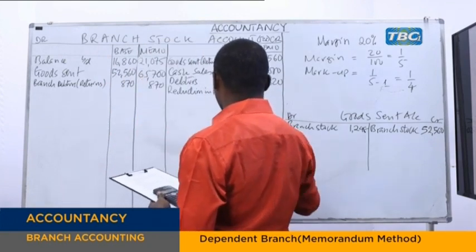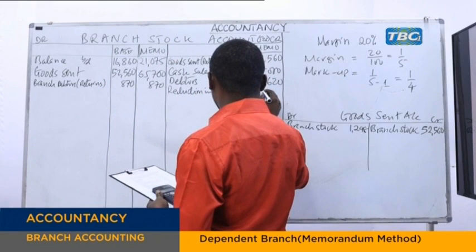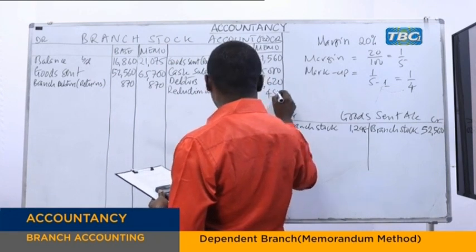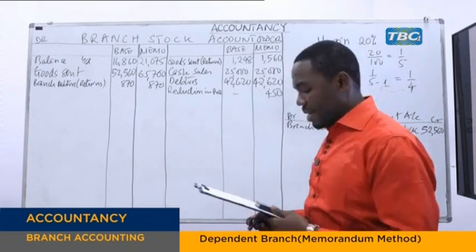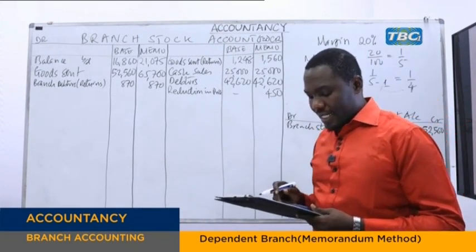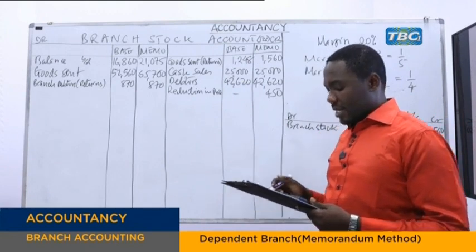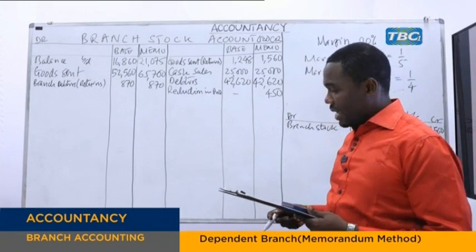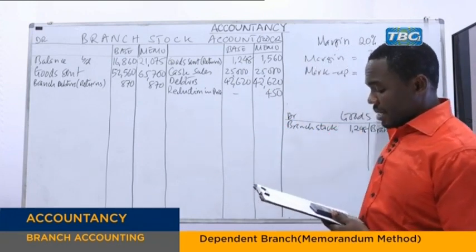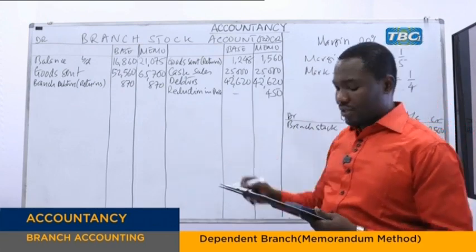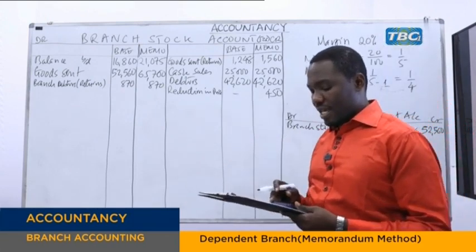So it has nothing to do with the base column. We enter here, that is 450, and it should be recorded at selling price. So there was cash remittance to the head office. So the branch remitted 62,000 to the head office. So this should be credited to the branch bank account and debited to the head office bank or cash account.